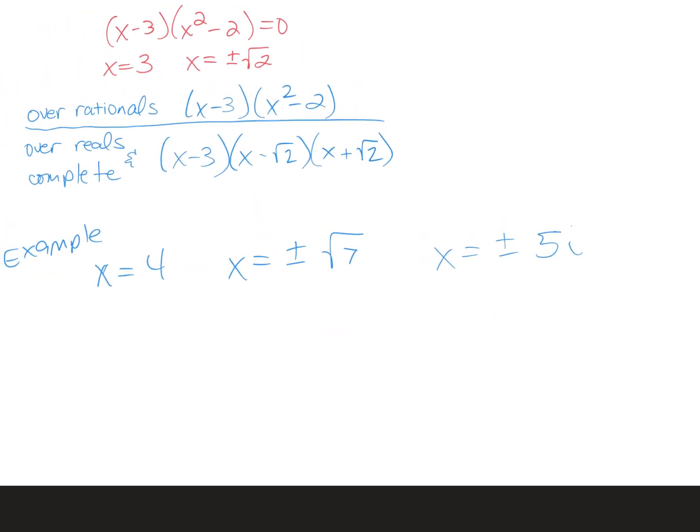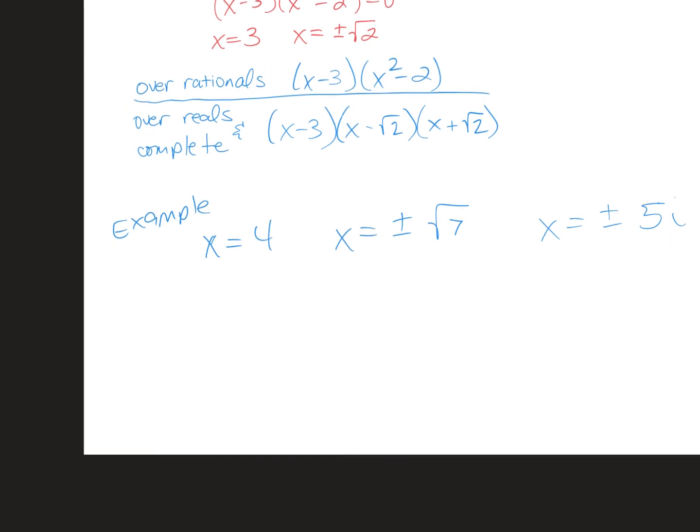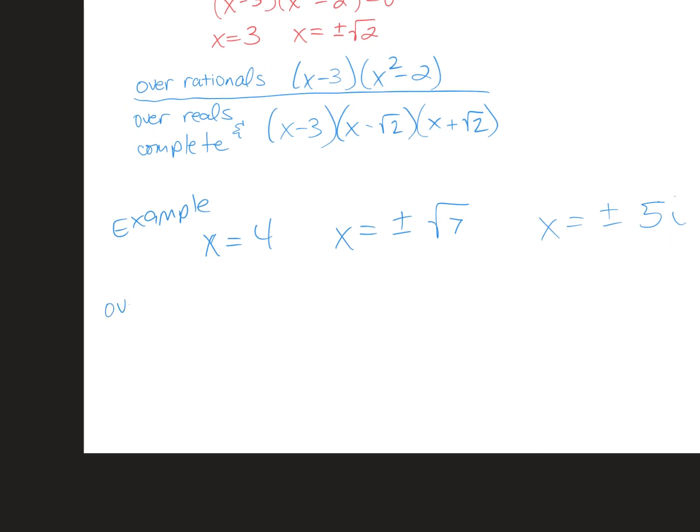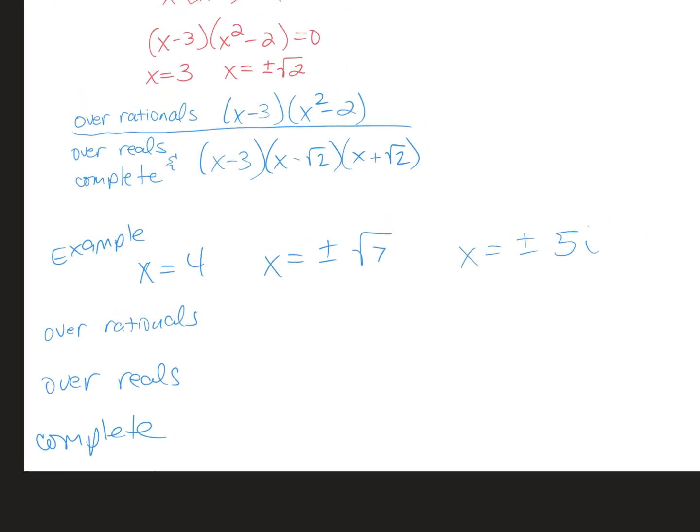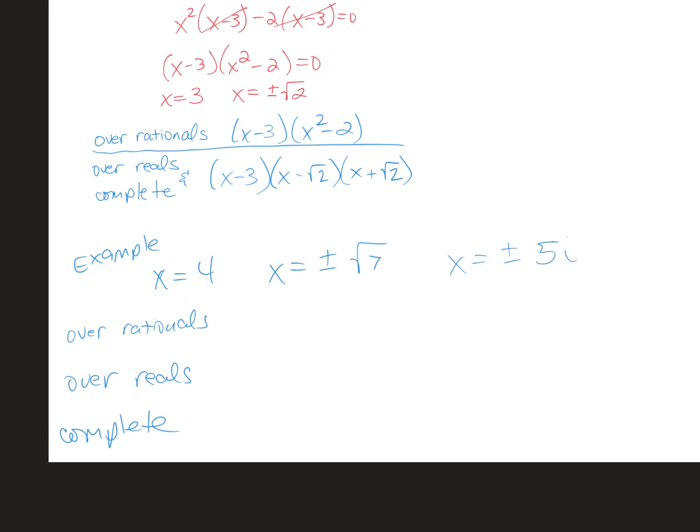Okay? We're going to write our factorizations. We're going to write all 3 of them. We're going to write over rationals, over reals, and complete. These are all going to be different, right? You guys agree? Okay. So if I'm going to write over the rationals, I'm only going to have one nice pretty parenthesis.